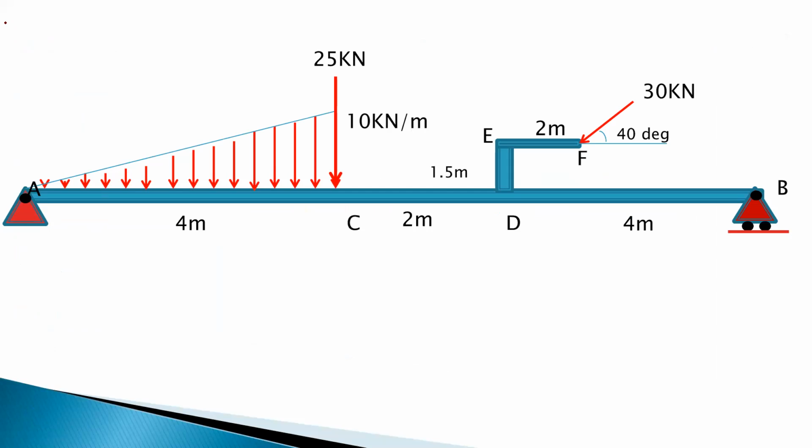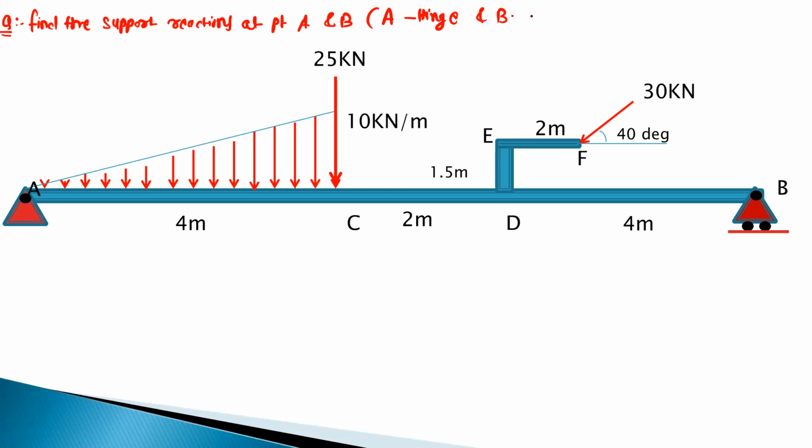So the problem statement is: find the support reactions at point A and point B, where A is the hinge support and B is the roller support.